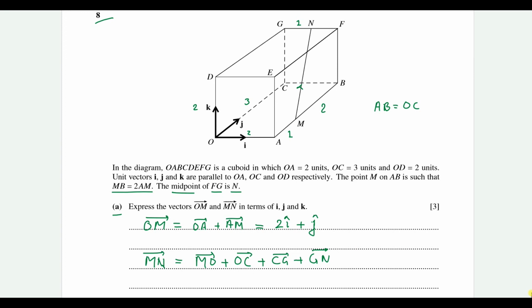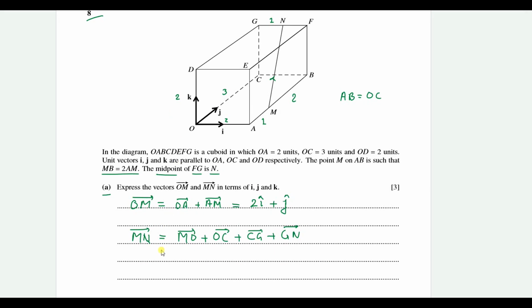So MO is minus of the OM vector, hence it is minus 2i cap minus j cap. OC is a unit vector along j cap, so it would be 3j cap. CG is along OD, so it is 2k cap, and GN is along OA and it is 1 length, so it is only i cap.